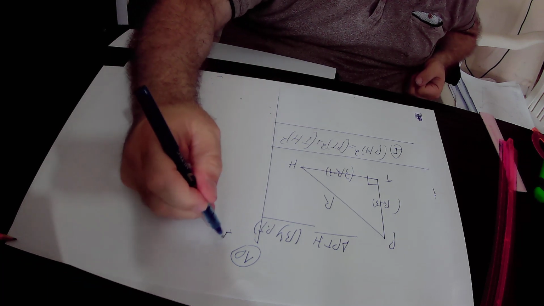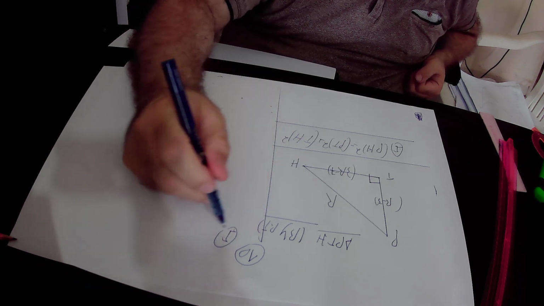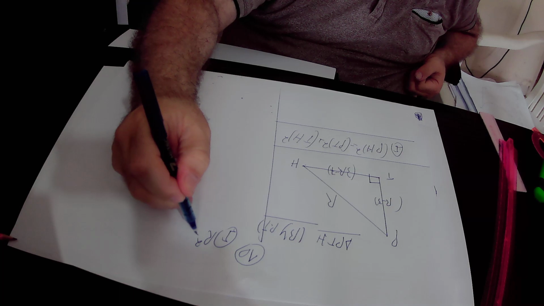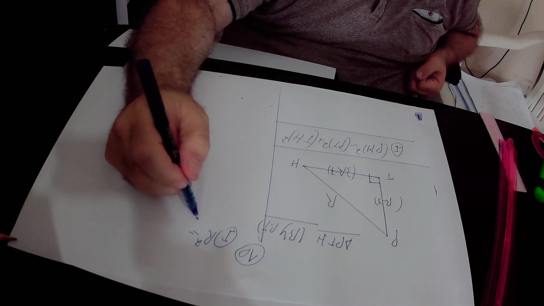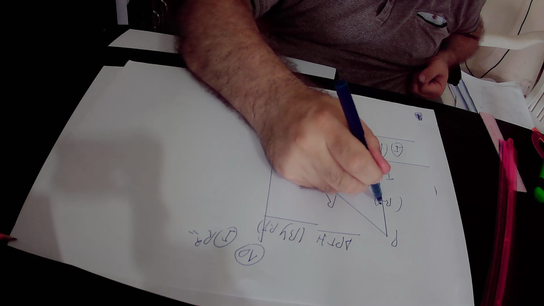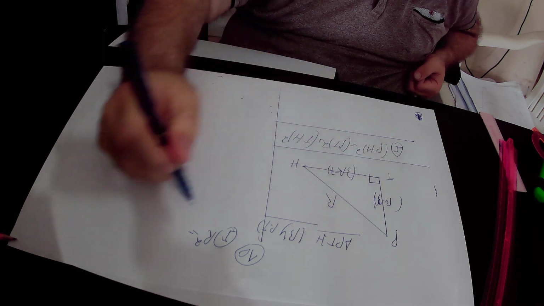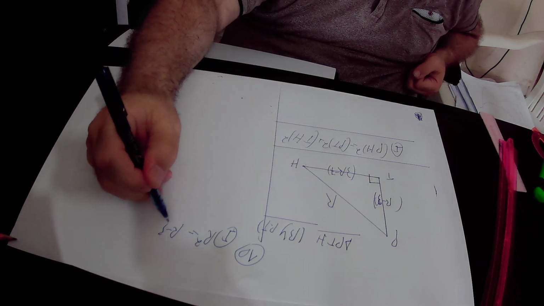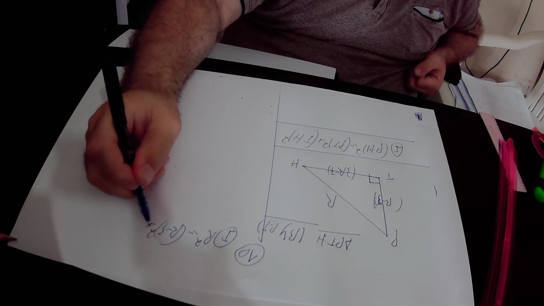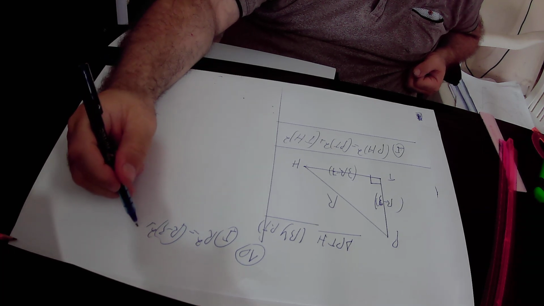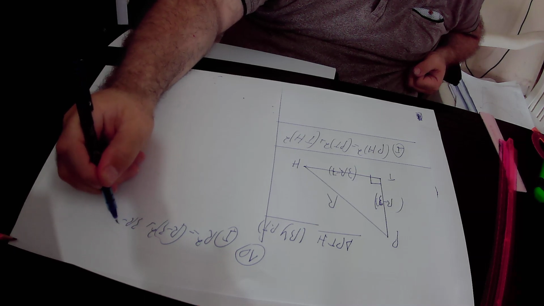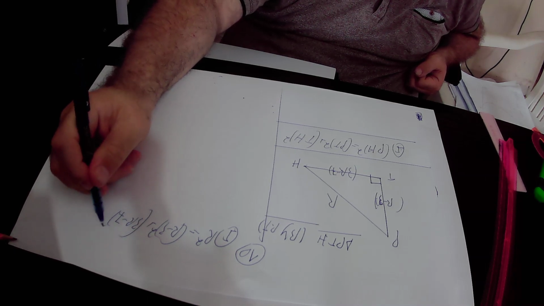PH square is R square, and it is equal to PT square. PT is R minus 3, therefore PT square is (R minus 3) square, plus TH square. TH equals 3R minus 7, therefore TH square will be equal to (3R minus 7) square.